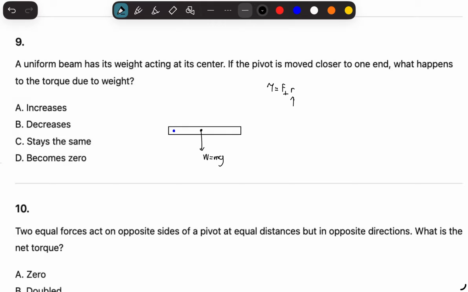R is your distance from pivot to center of mass. If you move your pivot closer to one end, this is going to increase your distance from the pivot to center. So if R increases, your torque is going to increase too.